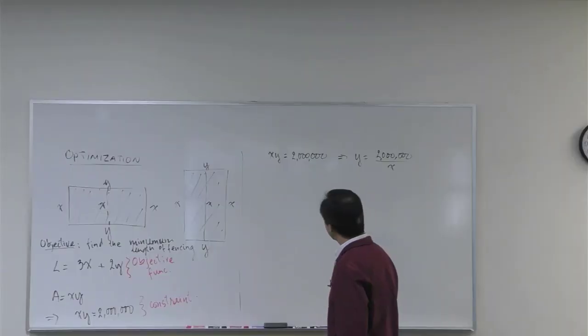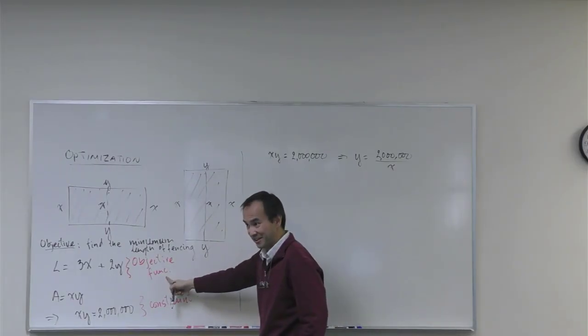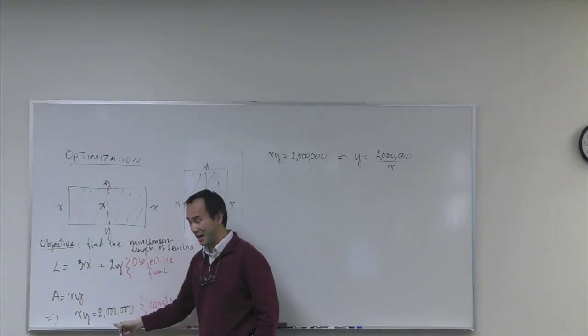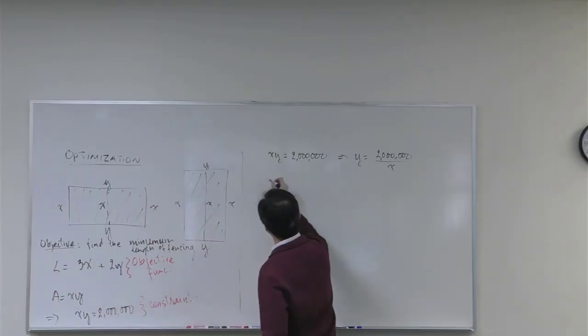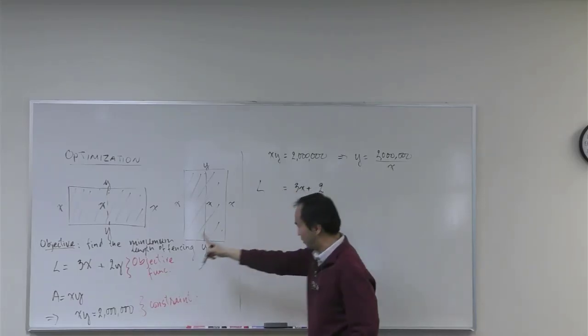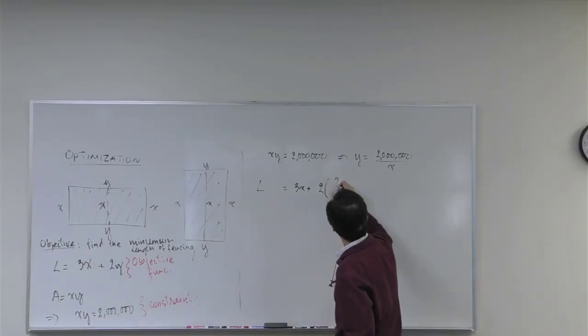So what's good about doing this? Our objective function, supposedly a function of two variables, but now with the constraint we are able to bring it down to L equals 3x plus 2 times the y variable that was originally here, which can be substituted by 2 million over x.